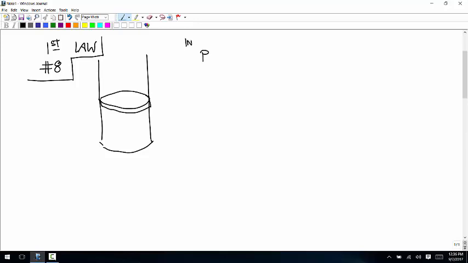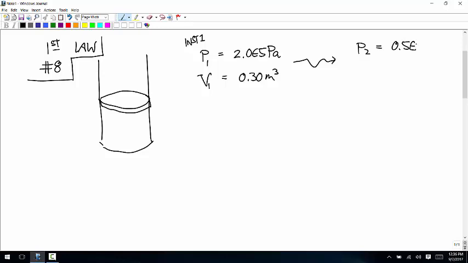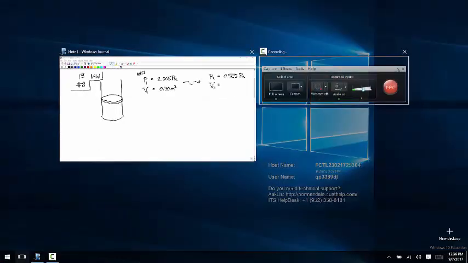At instant 1, the pressure is 2.0 times 10 to the 5 pascals, and the volume is 0.3 meters cubed, and then it goes to a later pressure of 0.5 times 10 to the 5 pascals, and a later volume of 1.5 meters cubed.